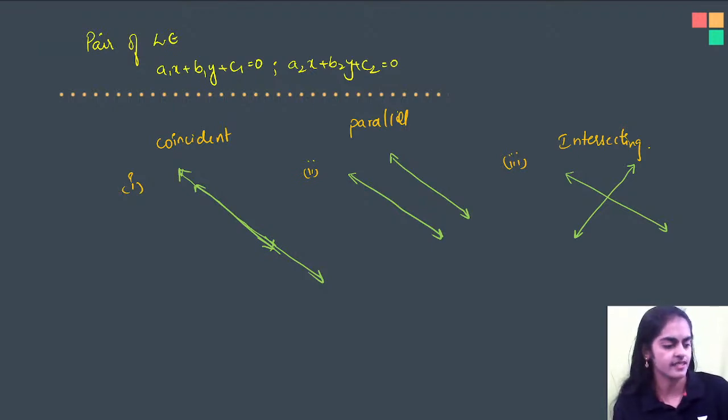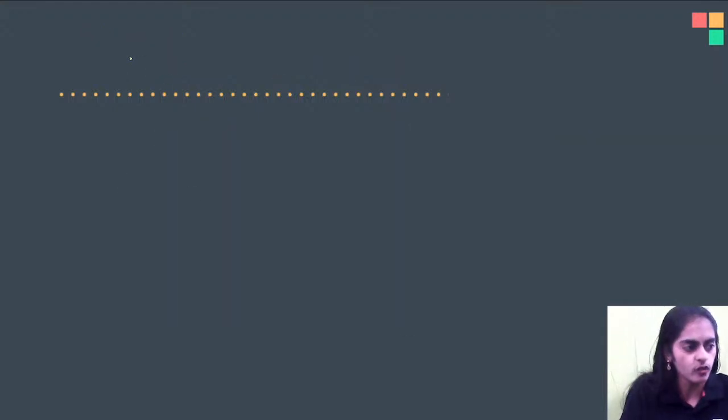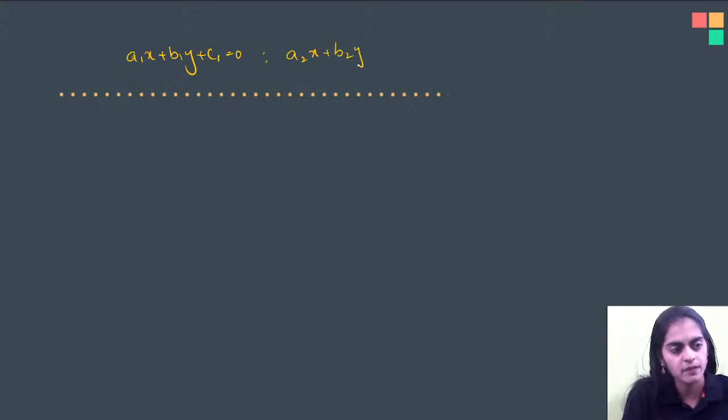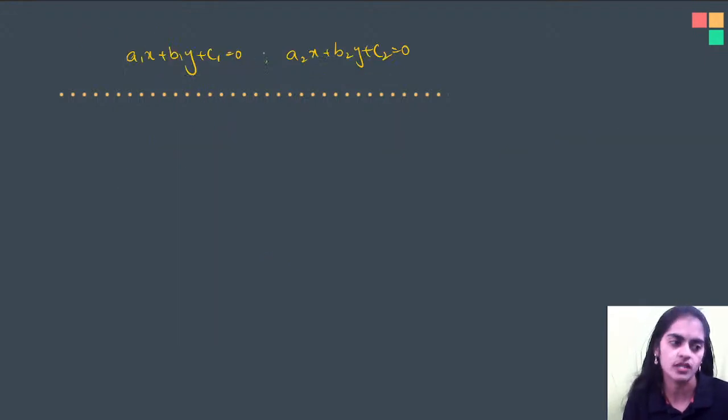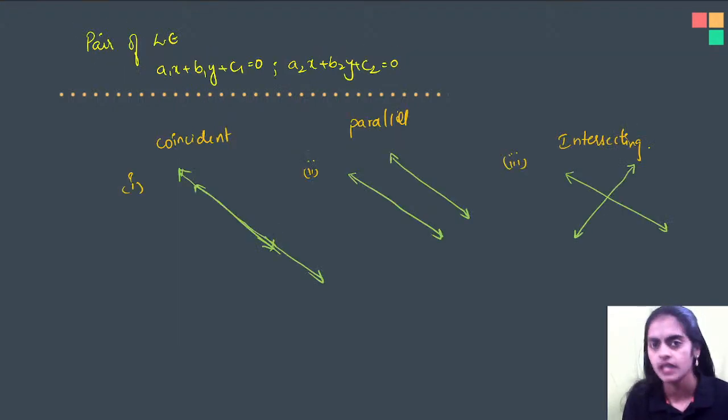Now here it is. We know if a1x plus b1y plus c1 equals 0 is a linear equation, a2x plus b2y plus c2 equals 0 is another linear equation. And when you draw them on the graph, this is how you get three cases, and on the graph sheet, after you draw them, it will be very evident whether the lines are coincident, parallel or intersecting.